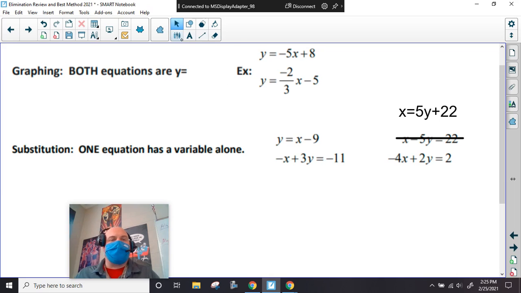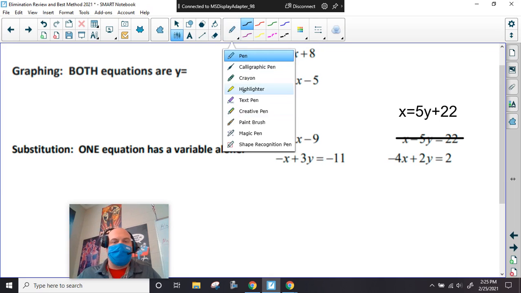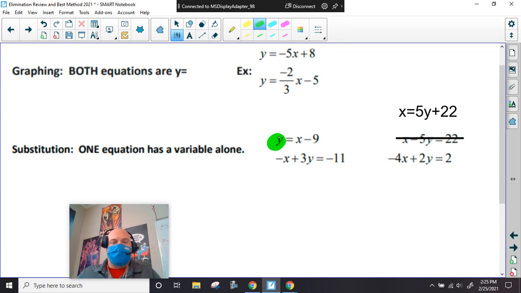And this is what I mean by alone. That y is all by itself. This x, now that I fixed it because I was a weirdo the other day, is now all by itself. So this is when you know to use substitution.